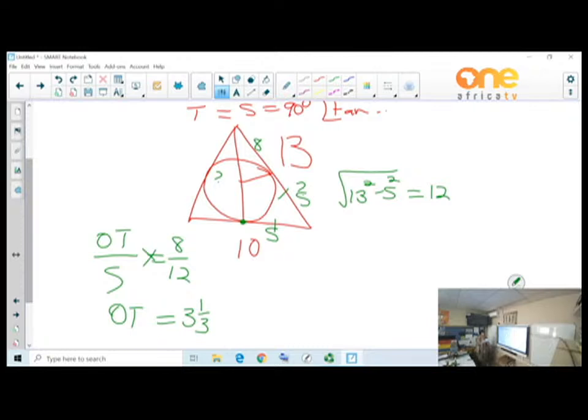Hoe kom? Ag nee, Louis, nou maar moet ek jou weer terugkyk. Okay, kom ons kyk nou. Wag, dis reg. Ekskuus, ek moet nou net op die oorspronklike kyk. So I say OT over 5. Nou wat sê jy is verkeerd? Nee, jy werk met die ander 3 keer.